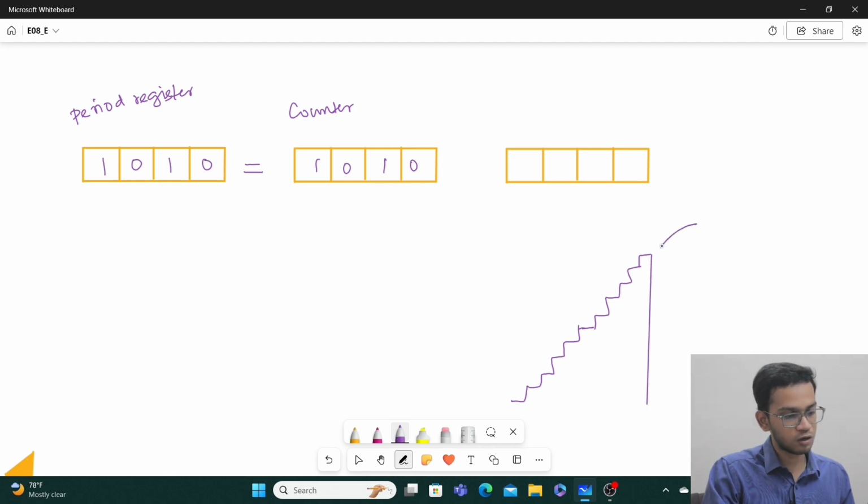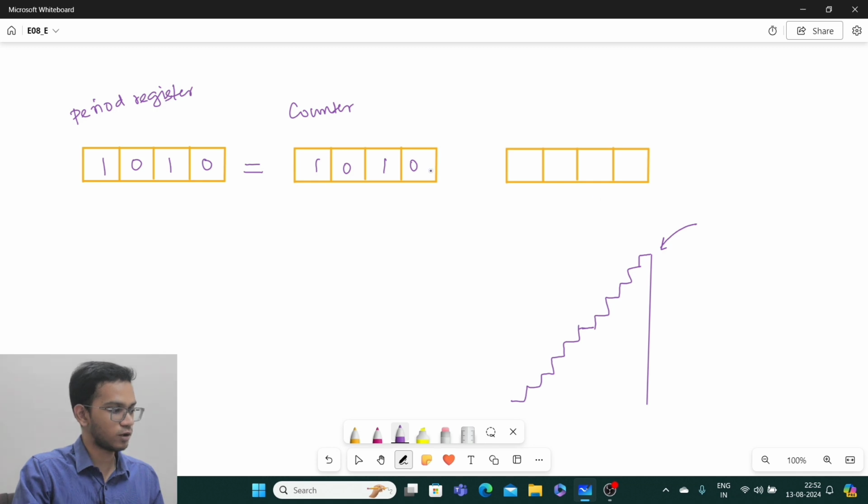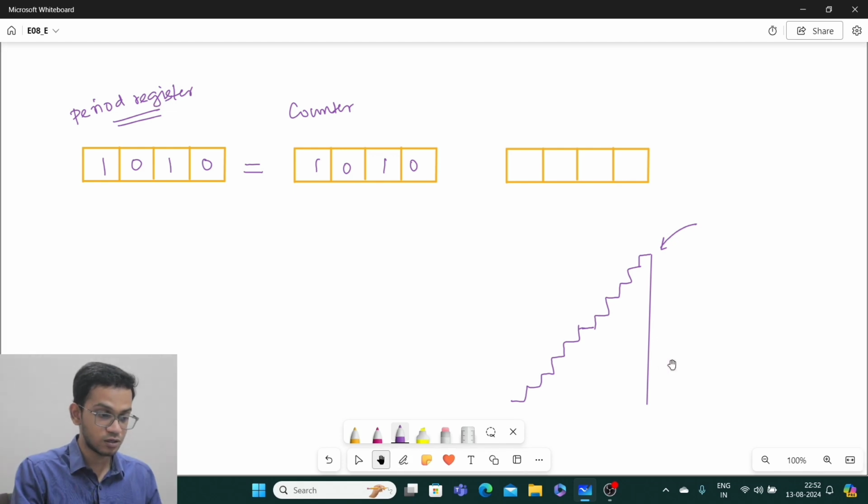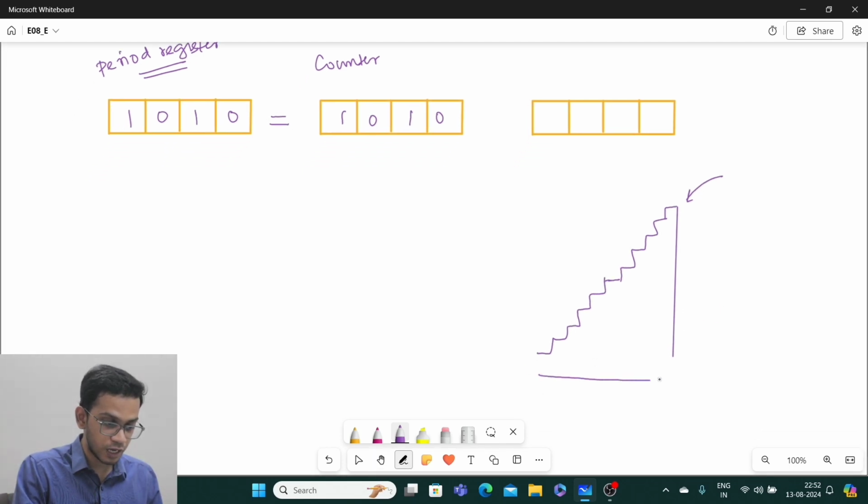The value at which I should reset to 0 is stored in my period register. So the top value of my counter is decided by the period register, and that obviously determines the period of this sawtooth.